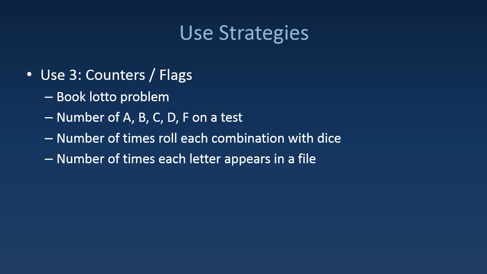And then we can go through the array and decide if everything in the array is true, we know we've got every number covered. We could also use this for problems like counting how many people got A, B, C, D, or F on a test, how many times we've rolled a particular combination with dice, the number of times each letter appears in a given file, all kinds of possibilities.